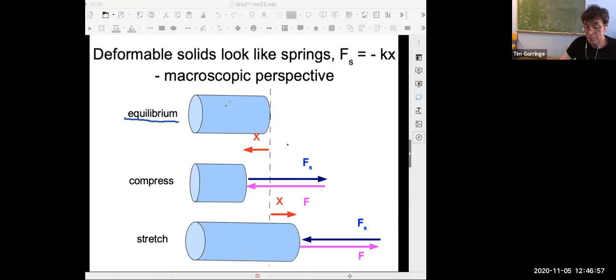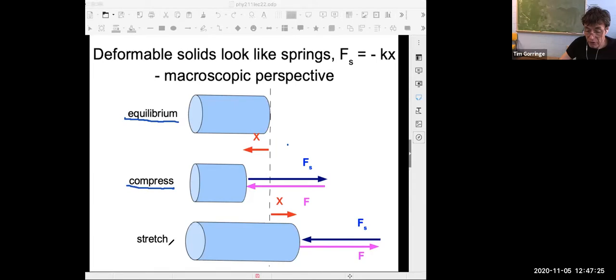Now I'm going to compress the steel rod. I'm pushing from the right towards the left. That's the magenta force F. That's me pushing, and the steel rod is now pushing back with an opposing force. That's the blue F subscript F. That's the steel rod's force.